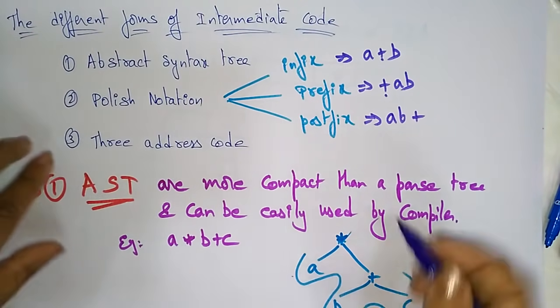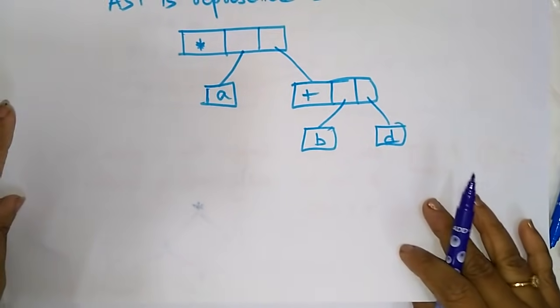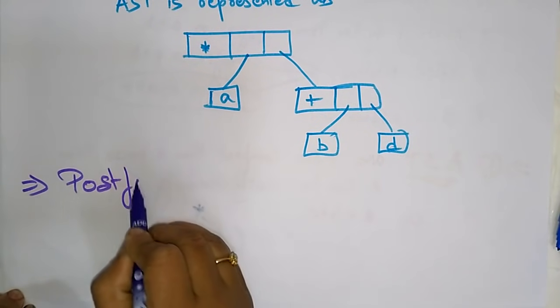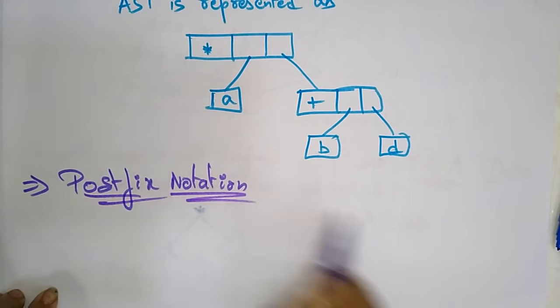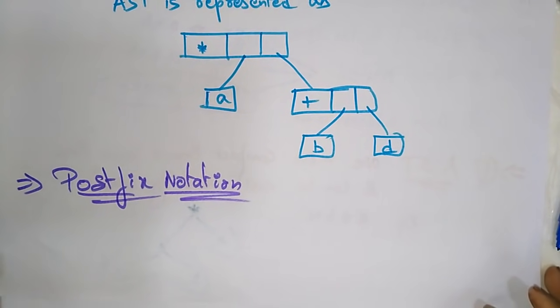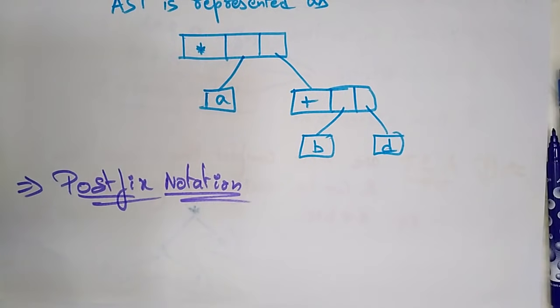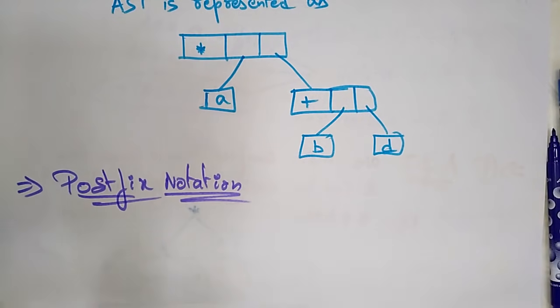Okay. So let's take the postfix expression. Let me explain the postfix notation. The postfix notation is a useful form of intermediate code if the given language is an expression. You have to remember that if the given language is represented in the form of expression, then it is useful for intermediate code.